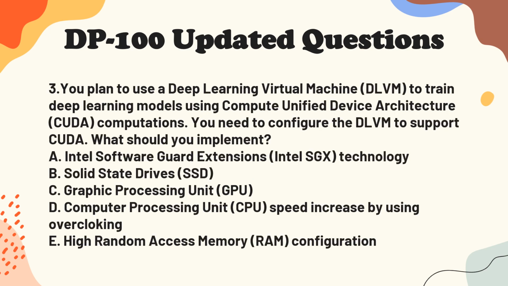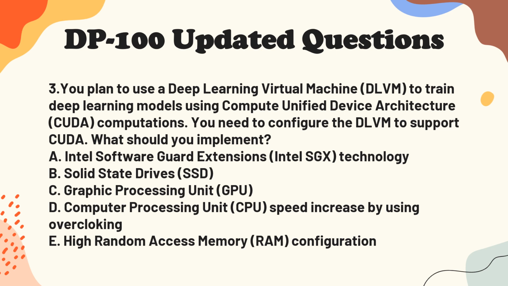3. You plan to use a deep learning virtual machine (DLVM) to train deep learning models using Compute Unified Device Architecture (CUDA) computations. You need to configure the DLVM to support CUDA. What should you implement? A. Intel Software Guard Extensions, Intel SGX, technology.